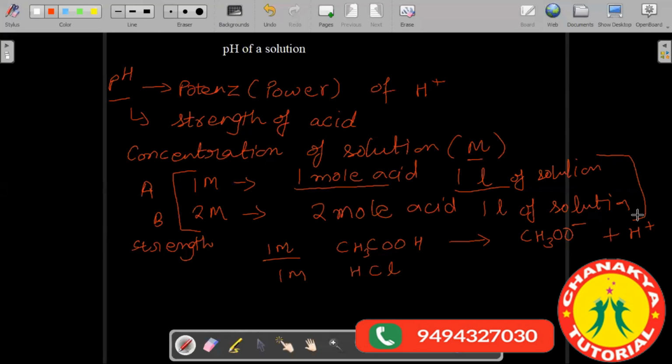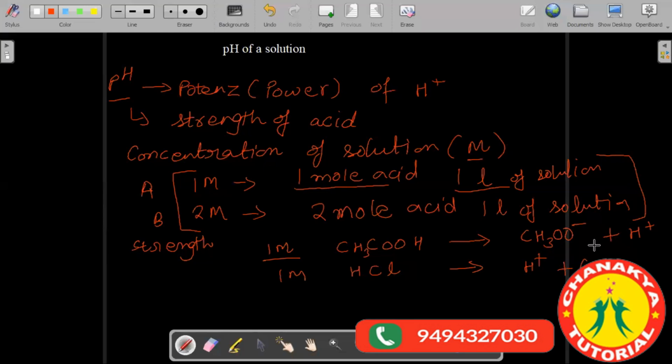If I have 1 mole of HCl, HCl will also dissociate to give H plus ion and Cl minus ion. So the acetic acid gave us acetate ion and H plus ion, and HCl will give us H plus and Cl minus.